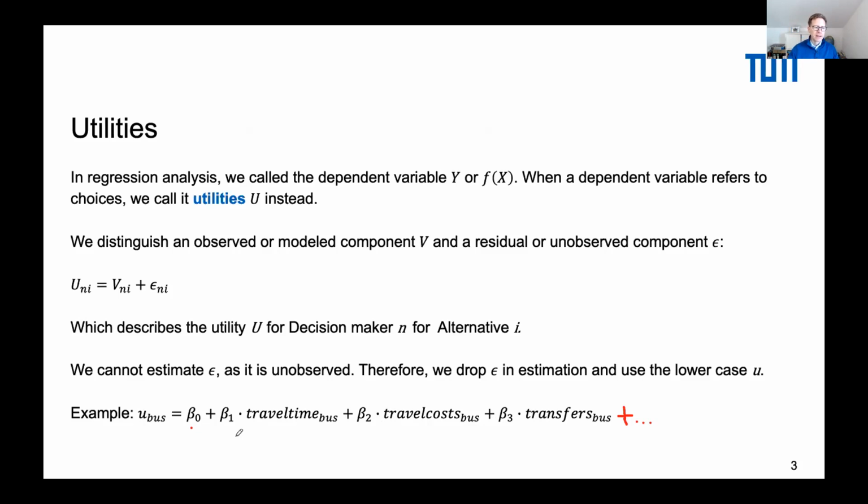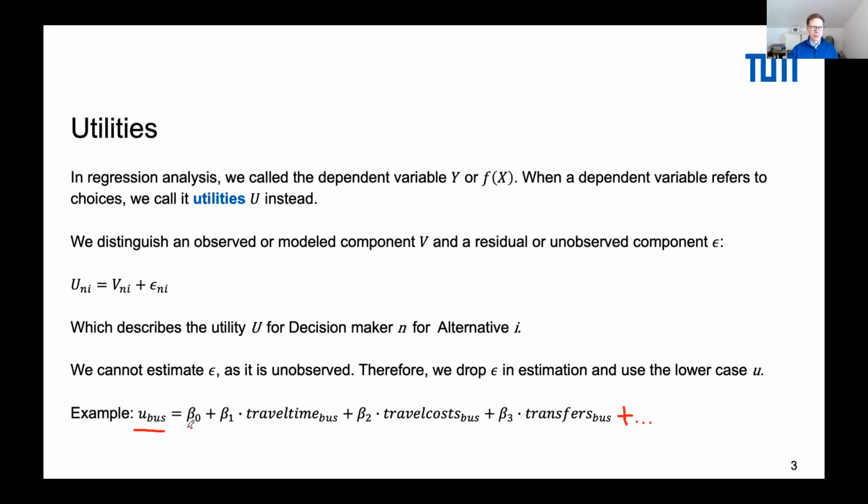Okay, but that's the notation we use from now on. So we use the lowercase u that expresses the utility of a certain option, of an alternative. And we know there's also this error term, but we cannot estimate it, so that's why we don't write it any further.